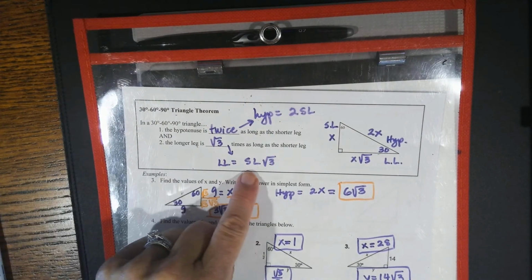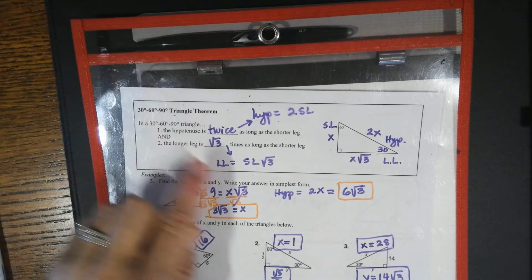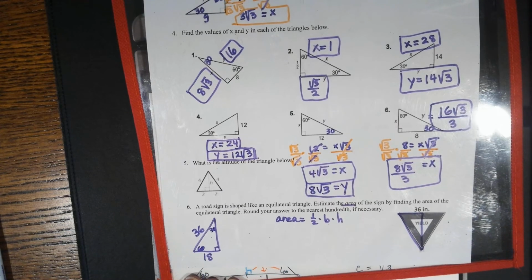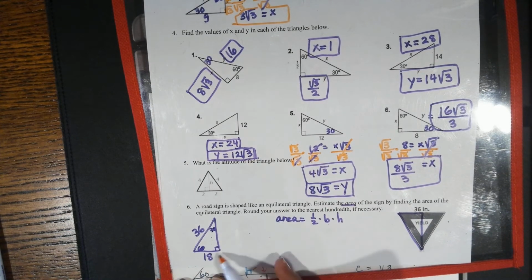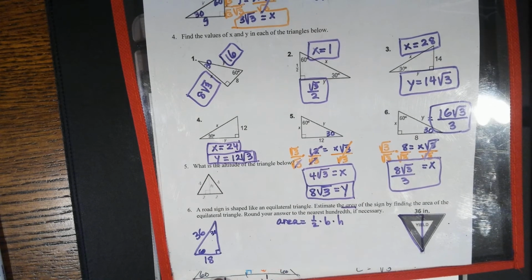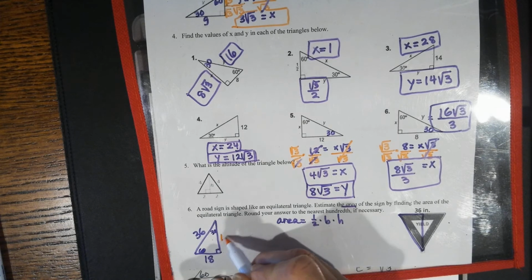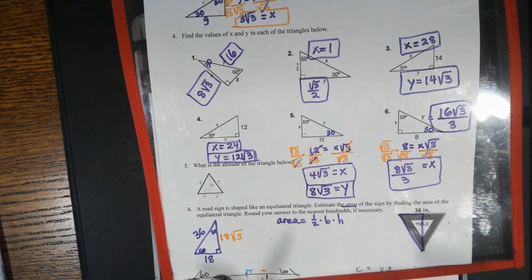So it's going to be the shorter leg times root 3. Shorter leg times root 3. So thank you for volunteering. Try again. This is the shorter leg. Square root of 3. Yeah. That's going to be the height.